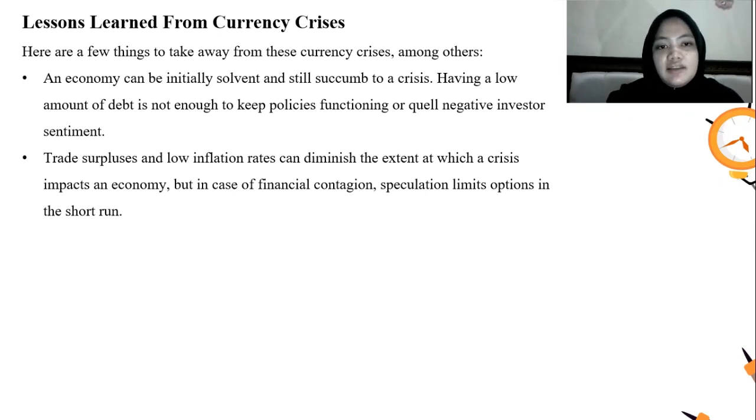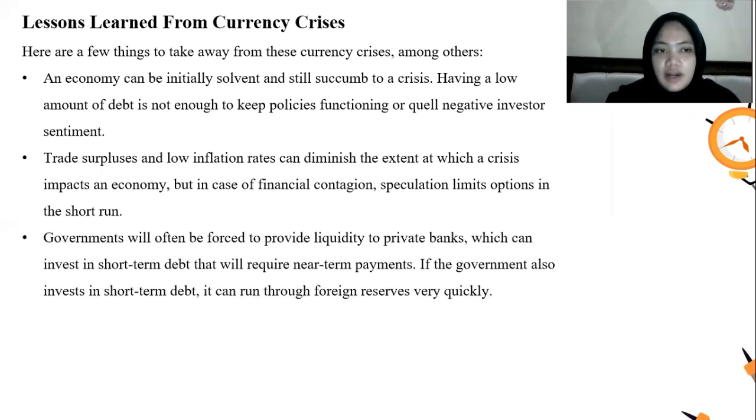But in case of financial contagion, speculation limits options in the short run. The third one is governments will often bail out or provide liquidity to private banks, which can invest in short-term debt that will require near-term payment. If the government also invests in short-term debt, it can run through foreign reserves very quickly.